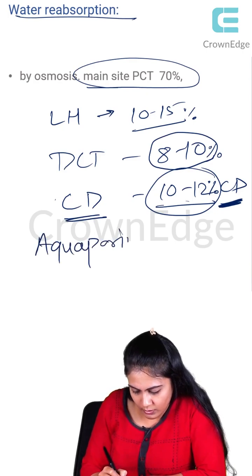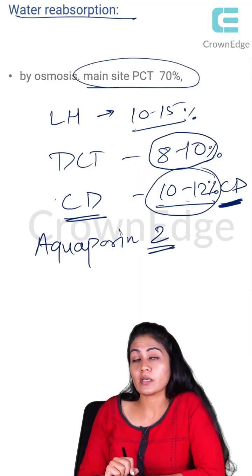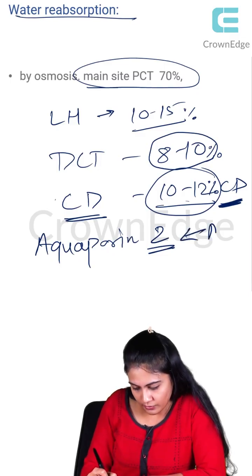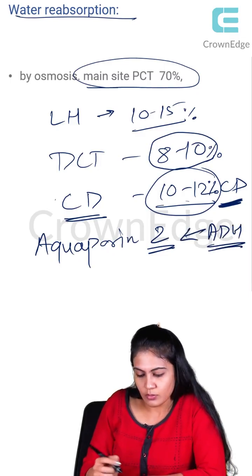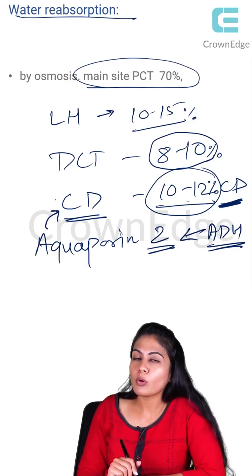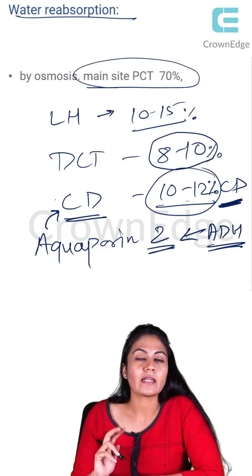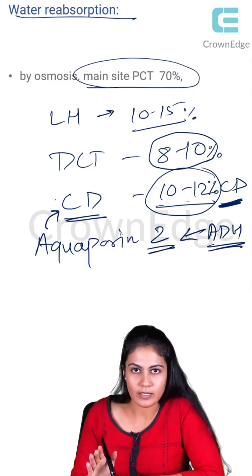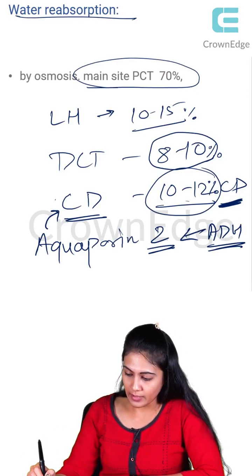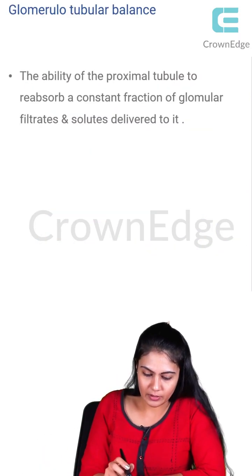Those are the channels through which the water is going to get absorbed under the action of ADH, and these channels are present in the CD. So both reasons: first, the medullary osmolarity is high, and second, the aquaporin channels are present in the CD part, and that's why you have higher reabsorption in the collecting duct.